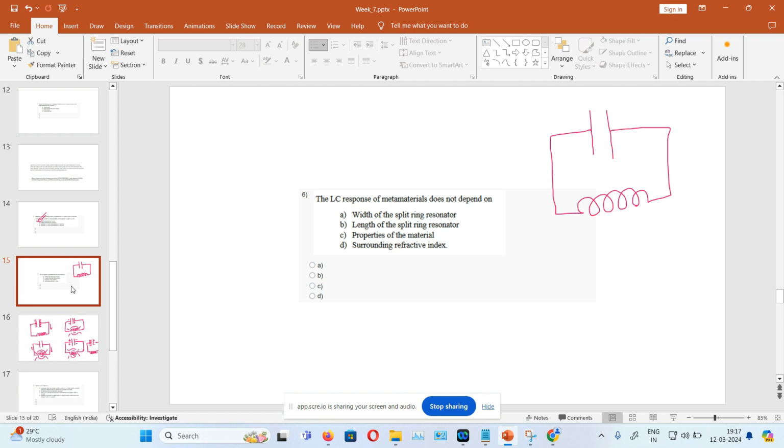So the width of the split ring resonator matters, the length matters, the surrounding refractive index matters, but the properties of the material are not significant in the case of a metamaterial-based split ring resonator. So the answer to your question will be properties of the material. It does not matter that much. It is a geometry-based phenomenon, so how you design the arrays matters. Okay.